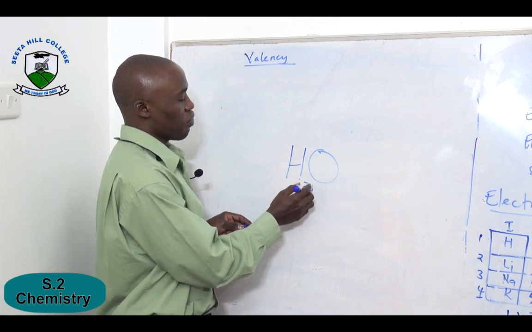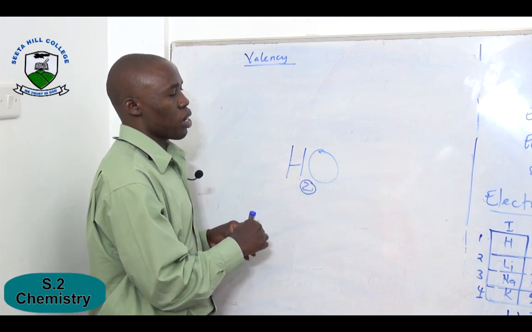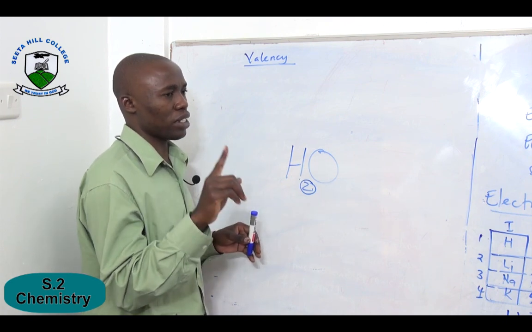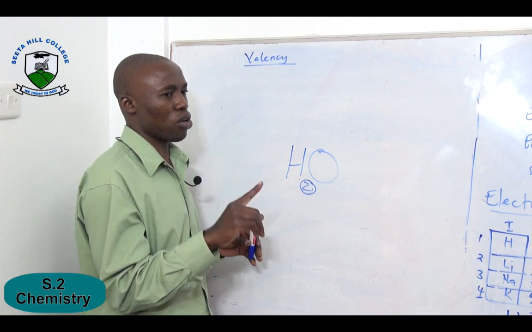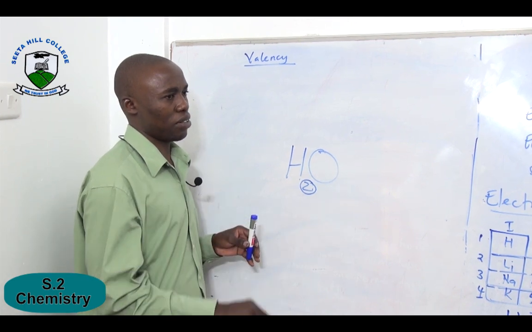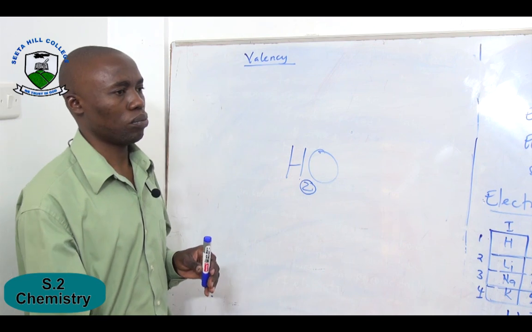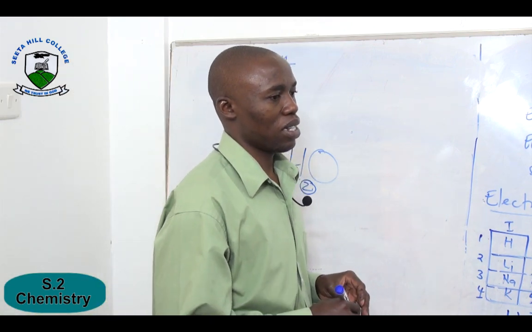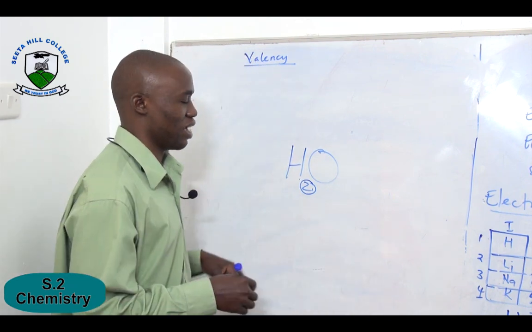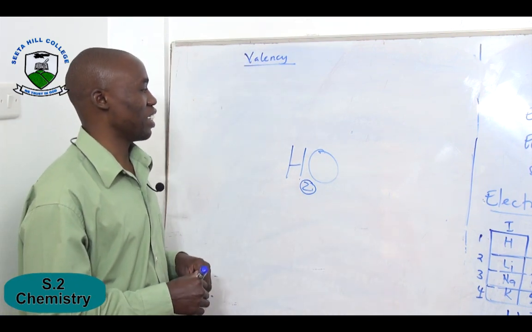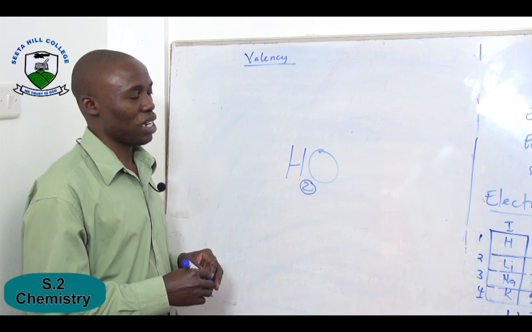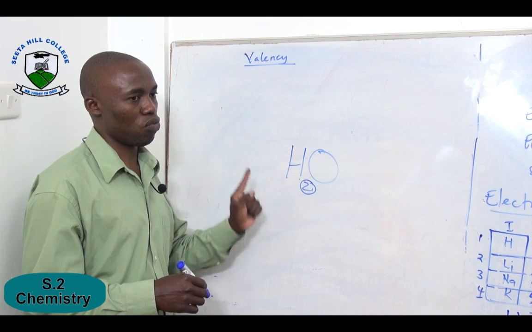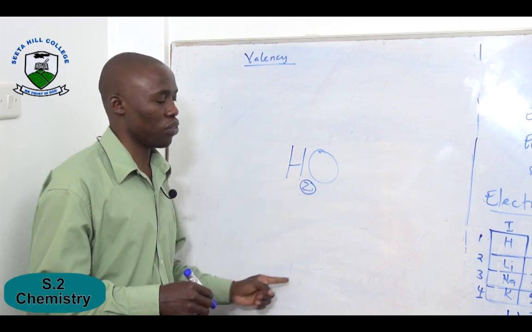See, now this figure 2, the number of hydrogen atoms an element combines with, is what we are calling its valence. And how do I know valency? That valence is the number of hydrogen atoms that one atom of an element combines with.